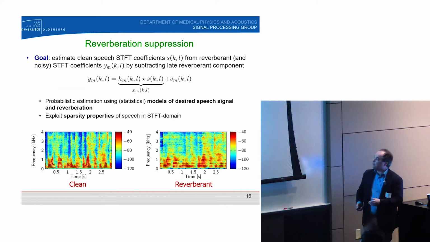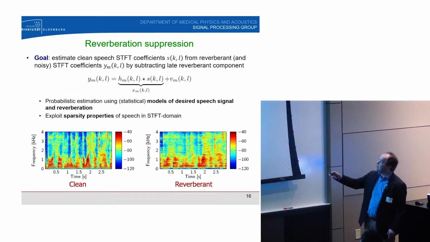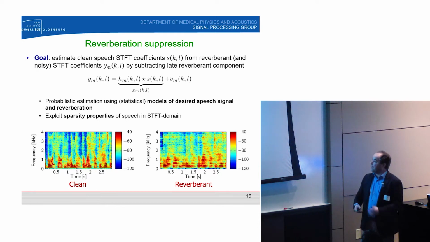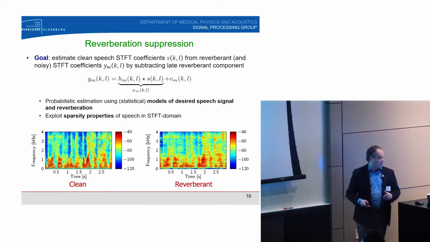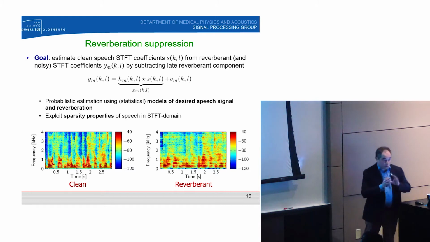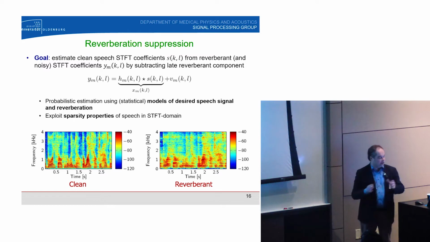So, as I already mentioned, the goal is to start from this model. You still want to estimate the clean speech component from the noisy and reverberant data. What it basically does is probabilistic estimation using models of the desired speech signal as well as of the acoustics, or you could say this reverberation.